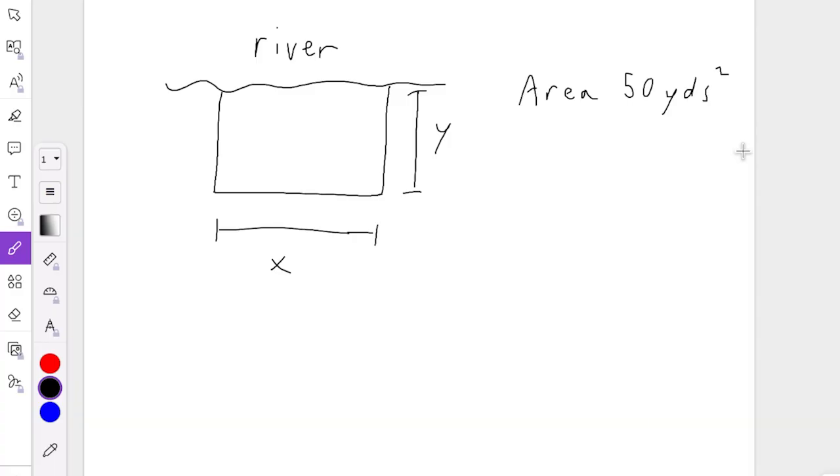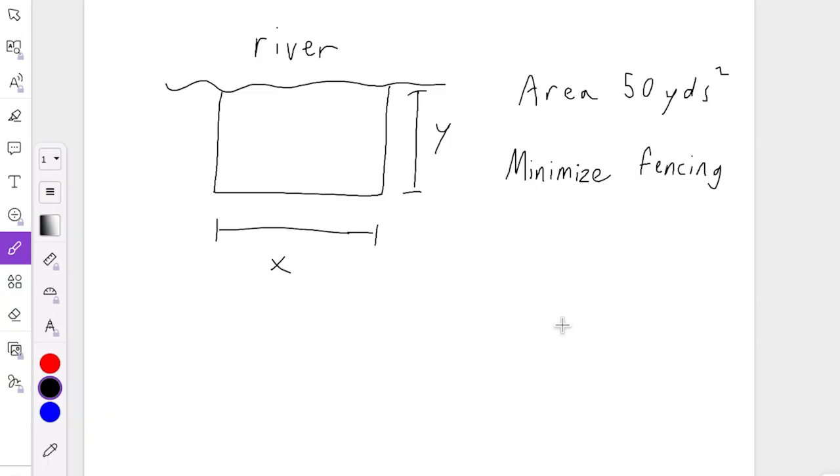Maybe I want to hold chickens or pigs or whatever, and I want the area to hold 50 square yards. I also want to, because I'm an economic farmer, minimize the amount of fencing that I'm using to build this enclosure. So the goal: build the minimum amount of fence possible with an area of 50 yards.